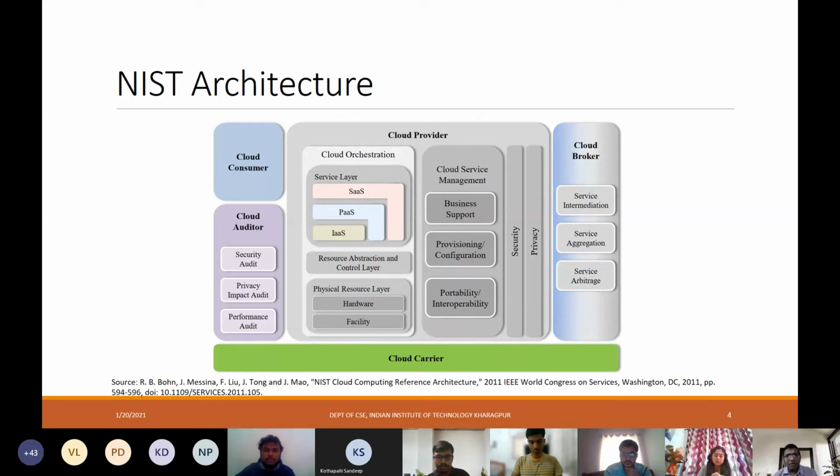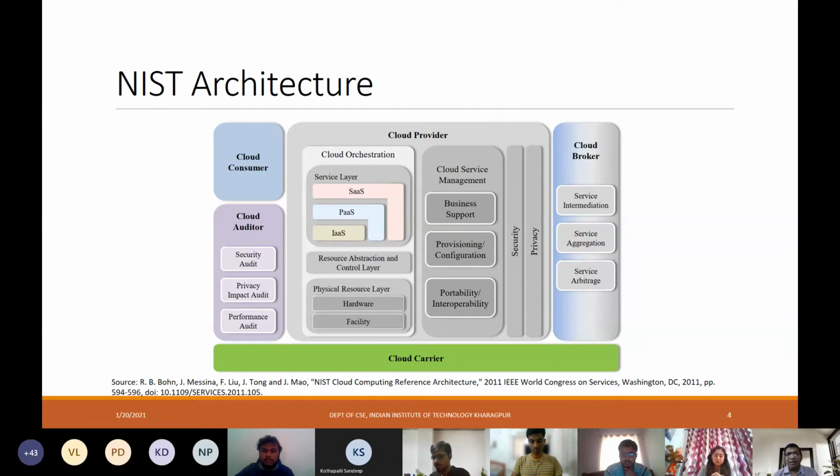So security audits are done, privacy impact audits are done, and the third one is very important, called the performance audit. Whether the cloud provider provides the cloud services with the desired performance will also have to be audited by a third party. So the cloud auditor is a third party which takes care of external audits like security audit, privacy audit, and performance audit.